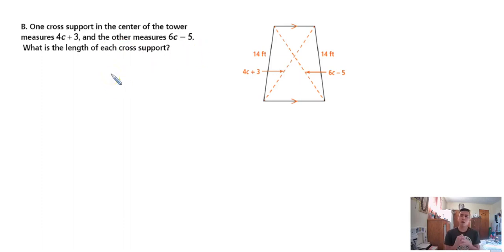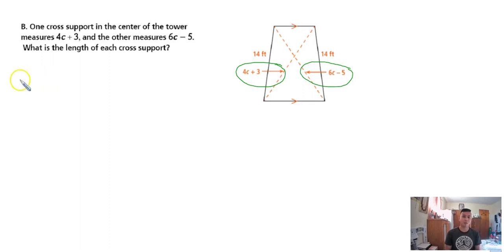So if you go back to Theorem 6-5, it states that the diagonals of an isosceles trapezoid are congruent, meaning they have the same measurement. They are equal. So what I'm going to do is that this measurement here, 4c plus 3 and 6c minus 5, they are equal, they are congruent.